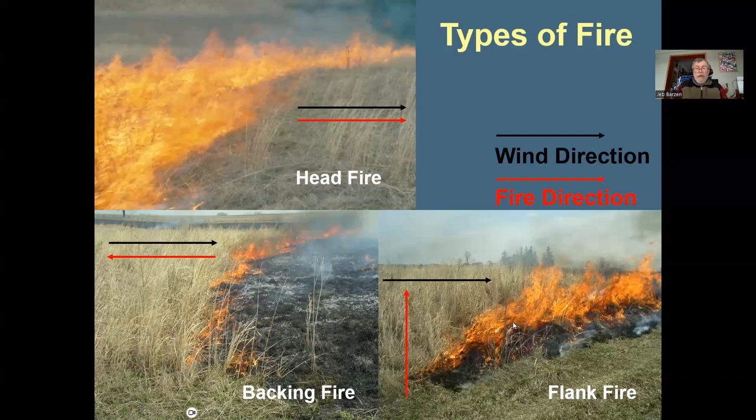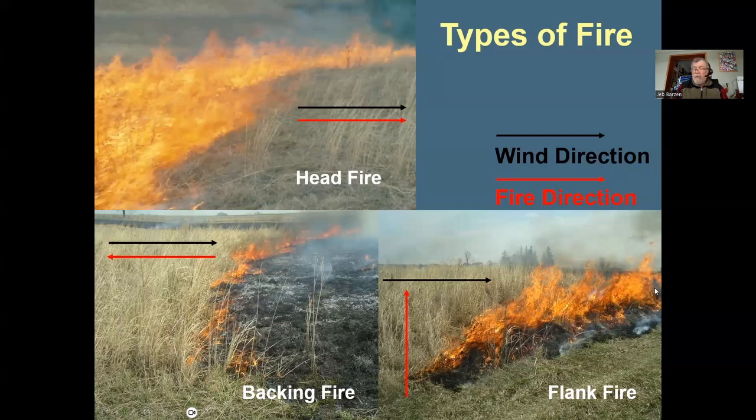And the reason for that is that there are all kinds of micro factors that influence how fast that fire is spreading. So sometimes a flanking fire can look like a backing fire, and sometimes it can look like a head fire. And generally, it's moving in that perpendicular direction to the line of wind.